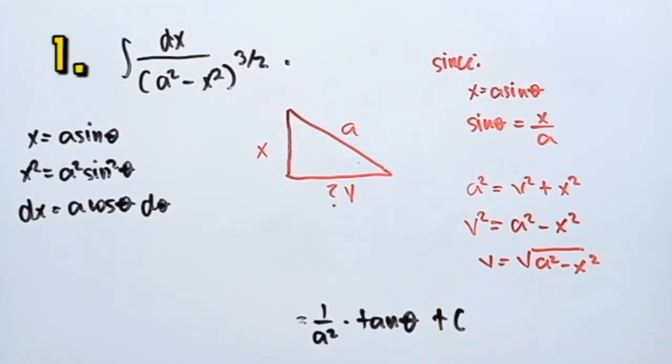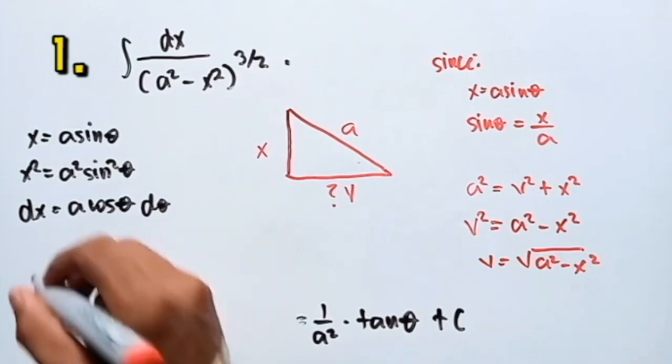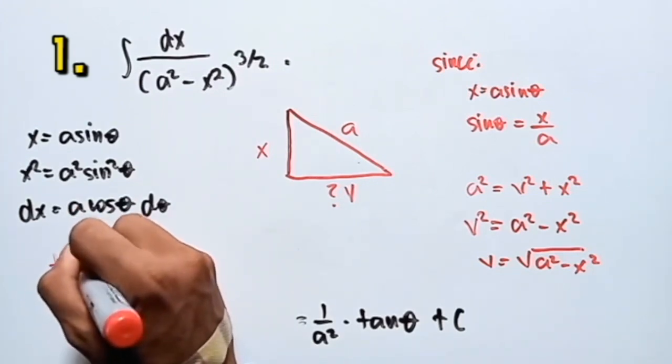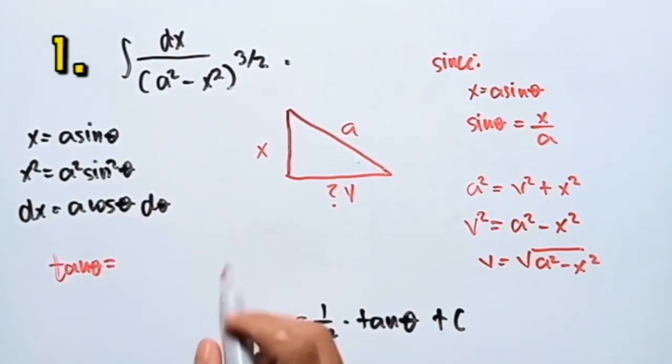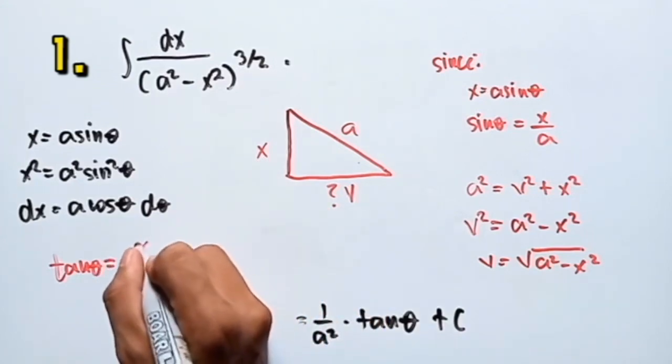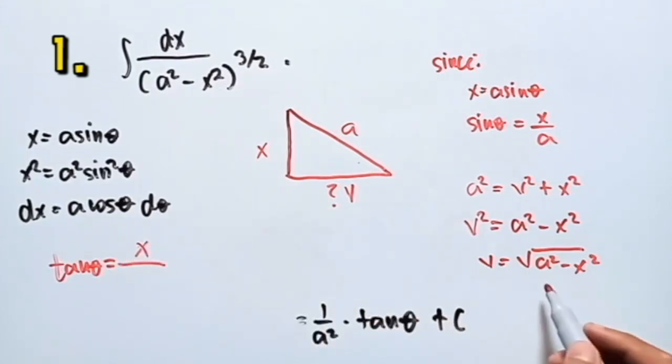Therefore, we can get the value of tan theta, which is equal to opposite over adjacent side. Therefore, tan theta is equal to opposite, which is x, over adjacent, which is square root of a squared minus x squared.